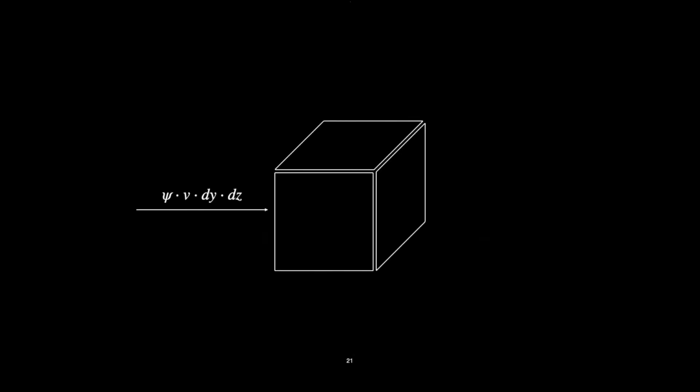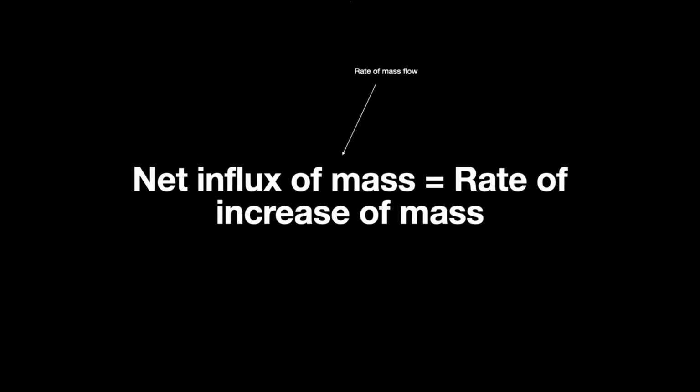So the cube here is our control volume. What we're going to do is look at the fluid that's coming in from one direction, and then look at the fluid that's going out in the other direction. Basically, the mass that's going to come in and the mass that's going to come out. And we're not going to look at only mass. We're going to look at the mass flow rate, which is the mass times velocity, which we established as the rate of mass flow, which is the net influx of mass.